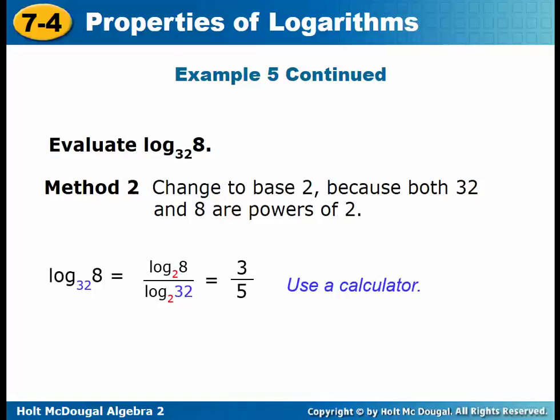Log base 2 of 2 cubed would just be 3 because you can use your inverse there. And log base 2 of 2 to the 5th, here again it's the inverse, would just be 5. And 3/5 is exactly 0.6. So it's the exact same thing as we got on the previous page.